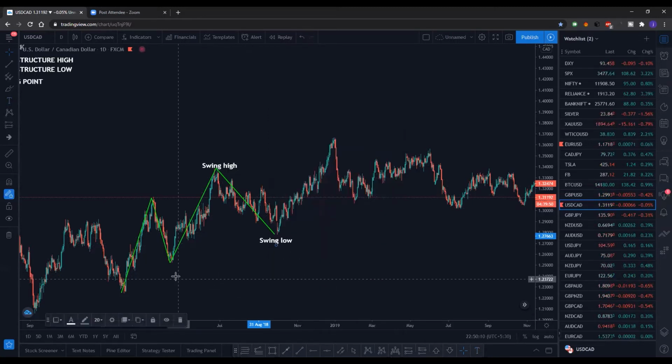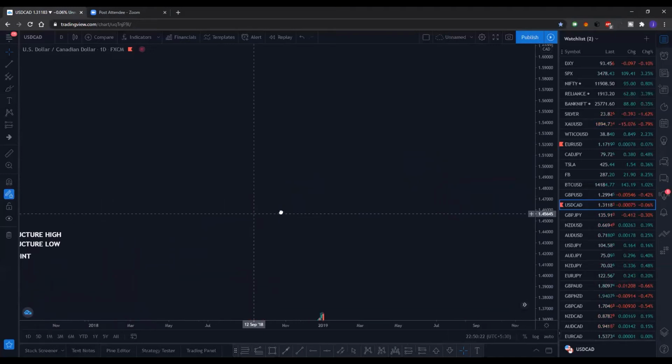Wherever on the downside we are seeing the turning point, those are called the swing lows, and the turning points on the high side are called swing highs. So let's take this example.